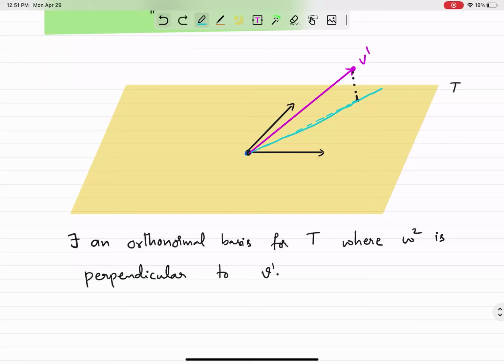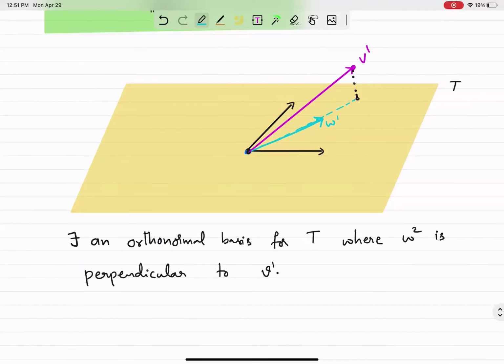Again, it's not to scale, so say this is what I do. Call this W1, and then I pick the one which is perpendicular to it. This is W2. Okay, does it make sense? For any subspace, I can pick a basis where one of the vectors is perpendicular to my vector of choice.